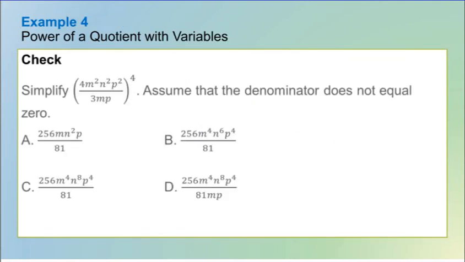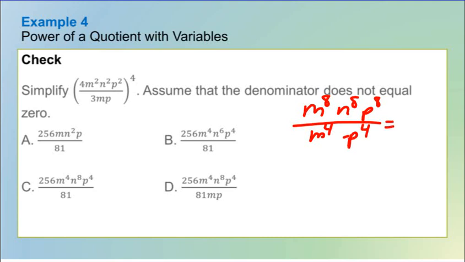And our final problem. Simplify this one so that the denominator does not equal 0. So I have to raise everything to the 4th power. It looks like with the numbers, they raised all the numbers, so 4 to the 4th power and 3 to the 4th power, so you can't look at that one. The variables, if they raise those to the 4th power, that would be m to the 8th, n to the 8th, p to the 8th, all over m to the 4th, p to the 4th.